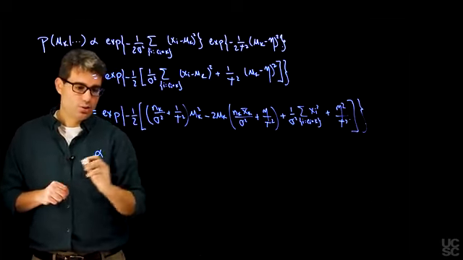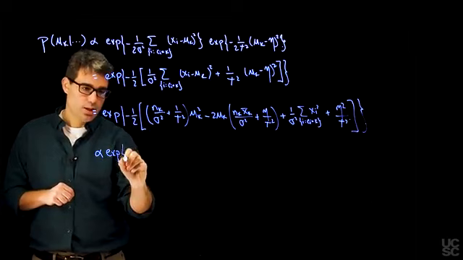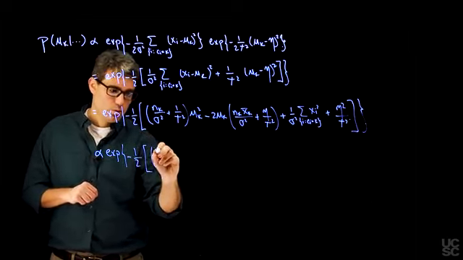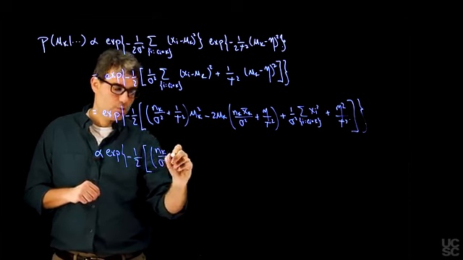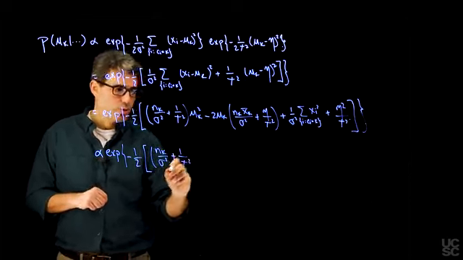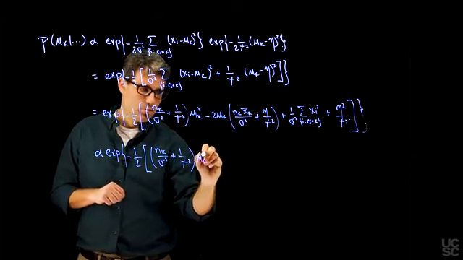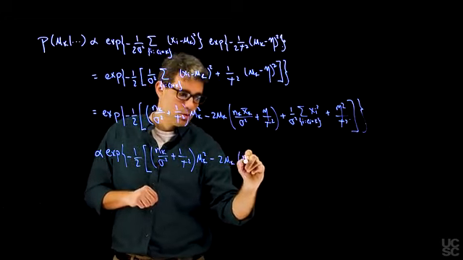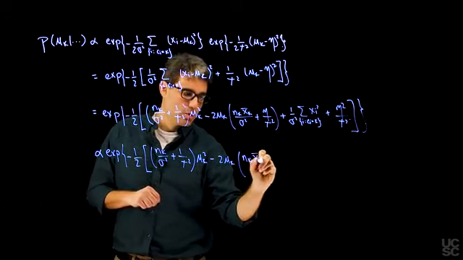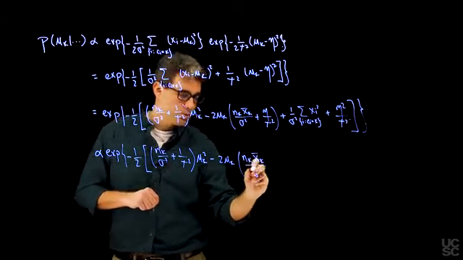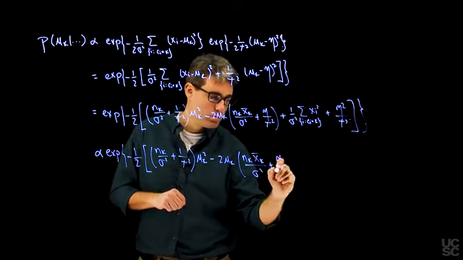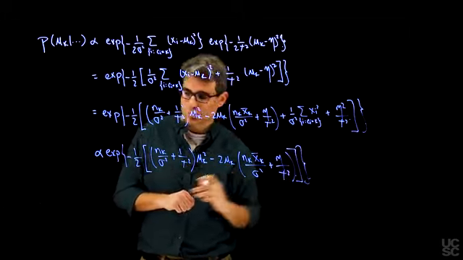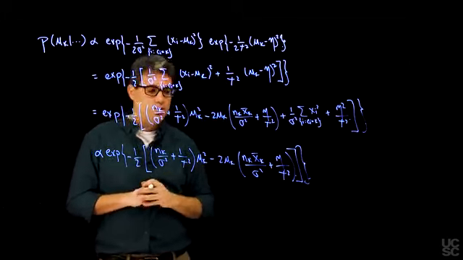So I can just write this in turn as being proportional to the exponential of minus 1/2 n sub k divided by sigma squared plus 1 over tau squared mu sub k squared minus 2 times mu sub k n sub k x bar sub k over sigma squared plus eta over tau squared. So I just discard these additional terms.